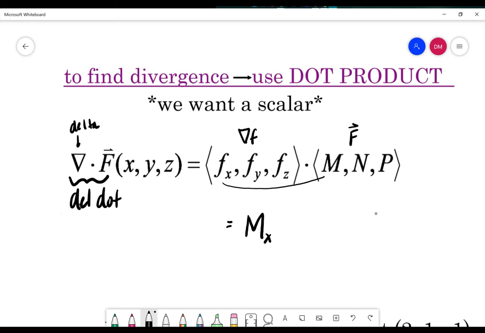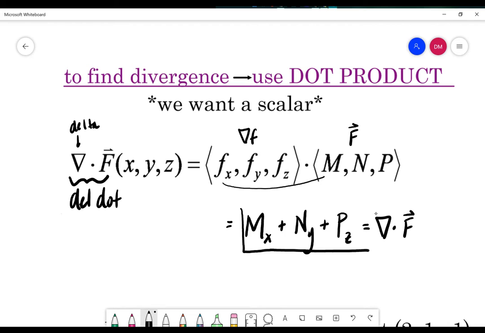When I do the same with N, it's getting multiplied by partial y, so I'm taking N partial y. And if this is in 3 dimensions, we would have P partial z. And like any dot product, we sum those together. So this mathematical operator says to take M partial x plus N partial y plus P partial z, and that is the equivalent of taking del dot F.